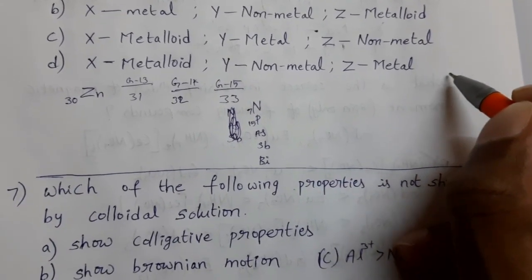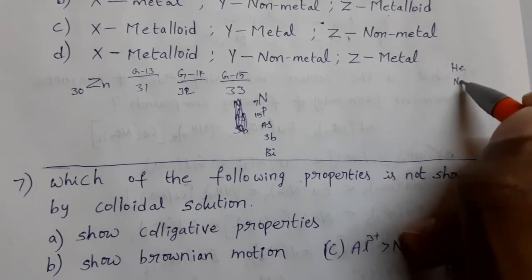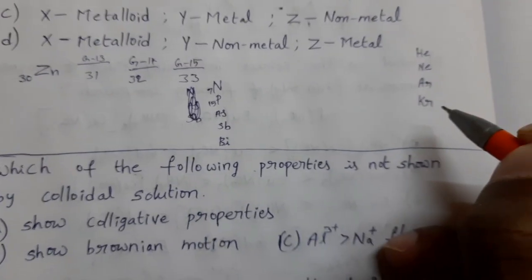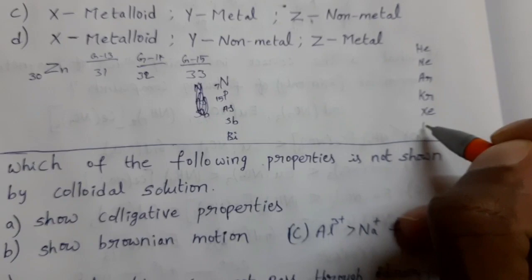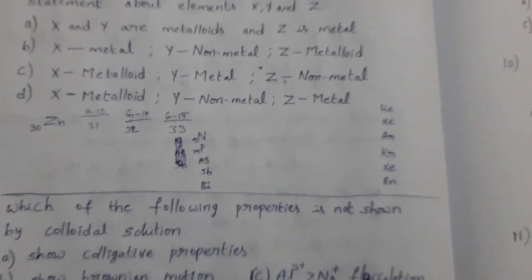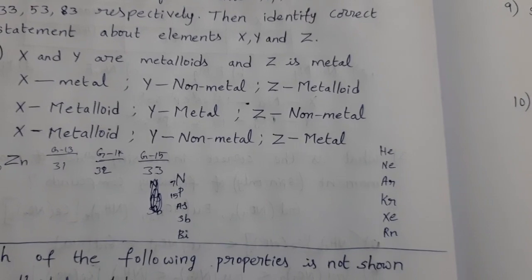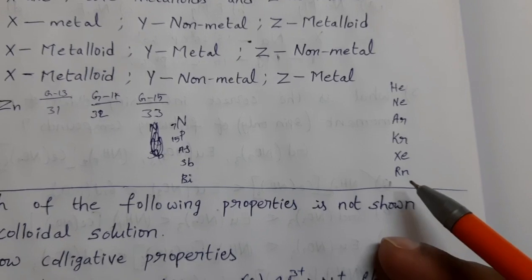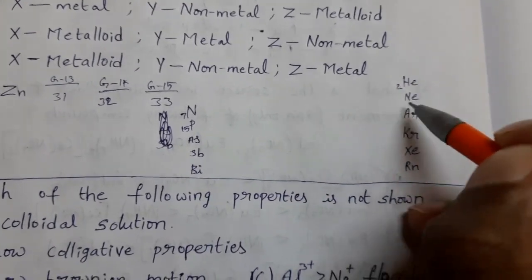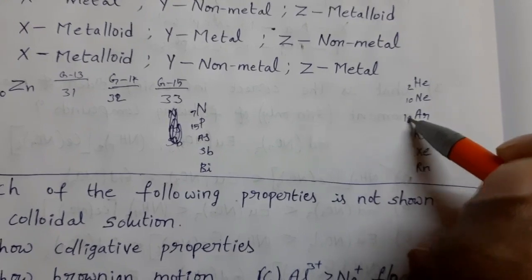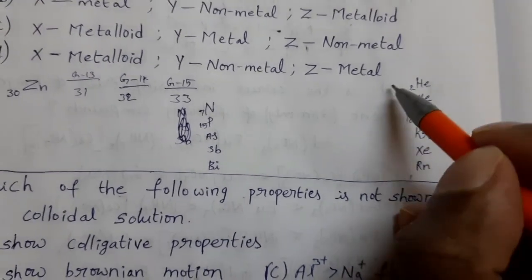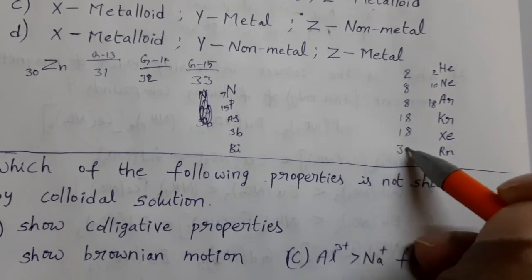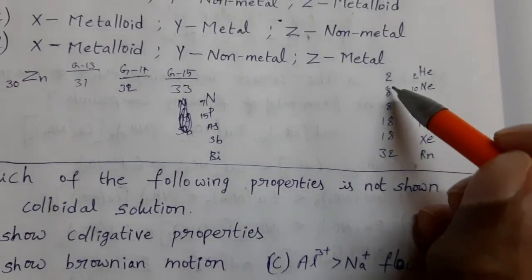Noble gases: helium, neon, argon, krypton, xenon and radon. Helium atomic number 2, neon 10, argon 18. So magic numbers means 2, 8, 8, 18, 18, 32. These are called magic numbers.